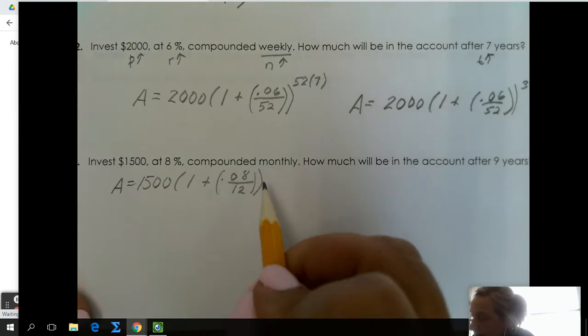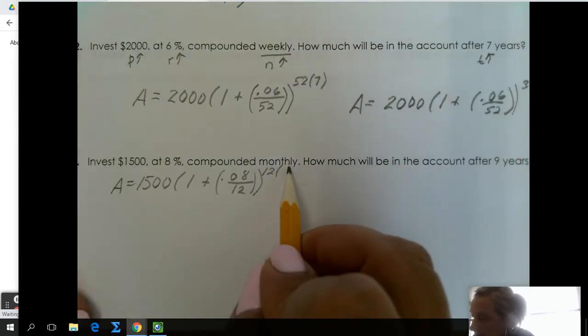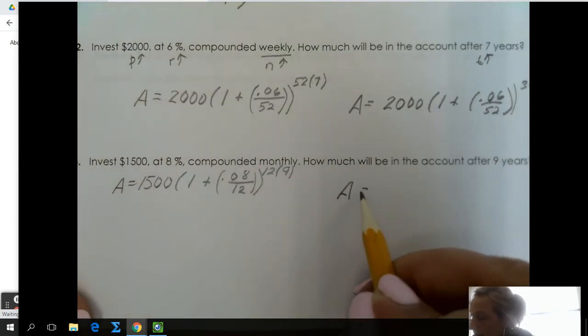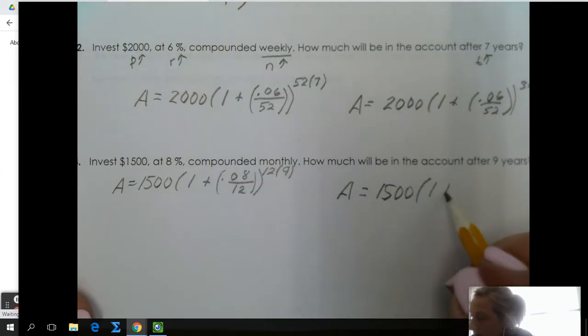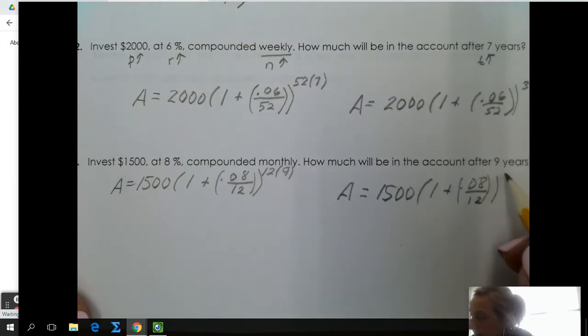And we're raising that to the N, which is 12 times 9. All right, so let's clean this up. So A is equal to $1,500 times 1 plus 0.08 divided by 12, that's our rate. And then we're going to raise that to 12 times 9, that's 108.